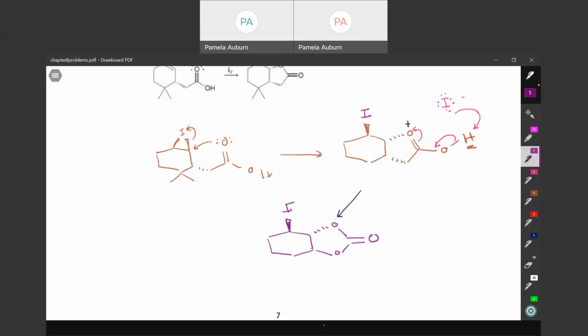Whoops, not a carbon there. It's a carbon, not an oxygen. So I have an ester in a ring, which is a lactone. Cyclic ester in a ring. So that's how that one works.